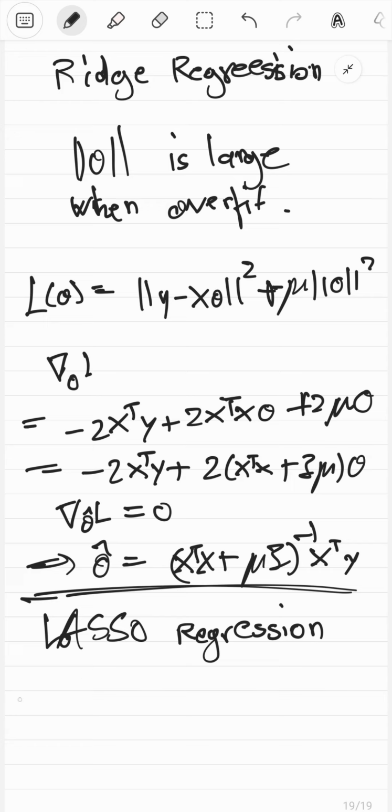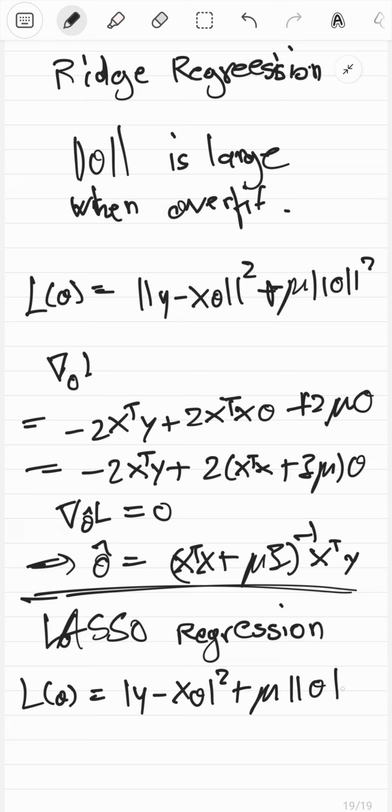So lasso regression is just basically L theta is this quantity, and so that's lasso regression.